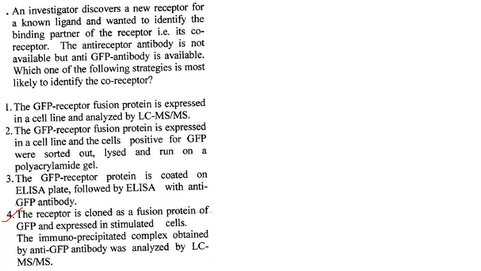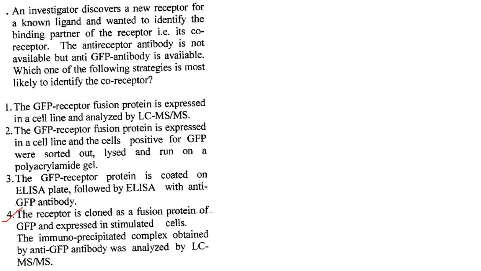The GFP receptor fusion protein is expressed in a cell line and analyzed by LC-MS. So here the GFP receptor fusion is expressed in the cell line, but you are not using anti-GFP antibody here, but you have to use that. Only then you will get specificity for your reaction. So one is not correct.